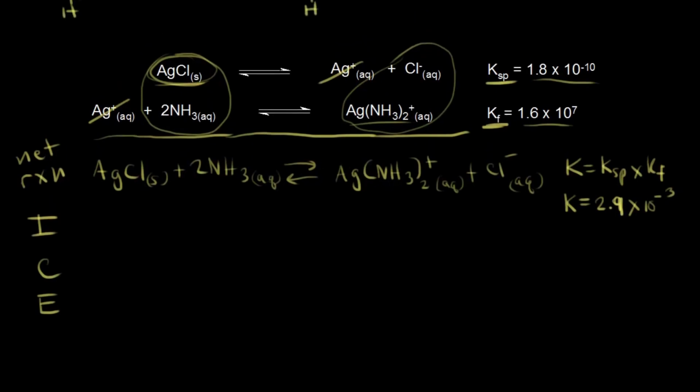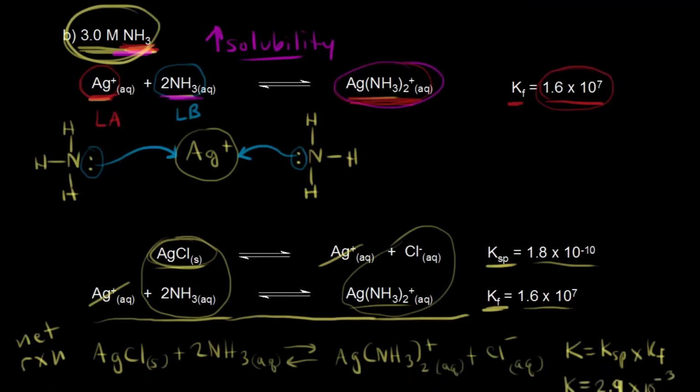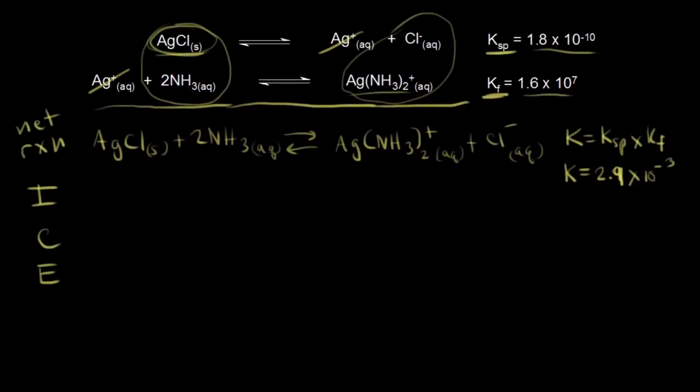We started with a 3 molar solution of ammonia, so our initial concentration for ammonia is 3 molar. If we haven't added any silver chloride, then we don't have any complex ions, so the initial concentration of our complex ion is 0, and the chloride anion concentration would be 0 too.